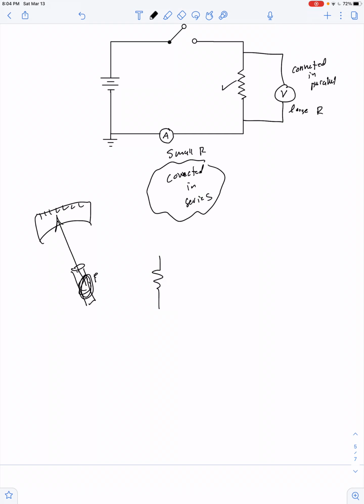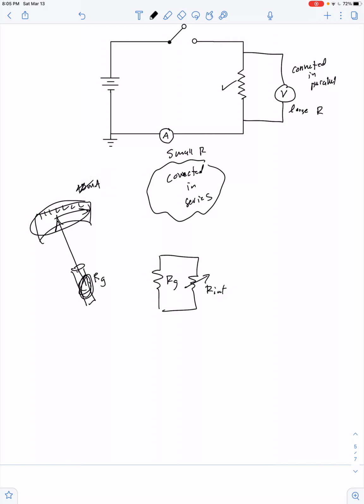Well, the galvanometer itself has some resistance we'll call R subscript G, and I connect in parallel with that another amount of resistance that I can control. Now, the reason I want to control this other internal resistance is because sometimes I want maybe full deflection on this numerical scale to represent 10 milliamps.